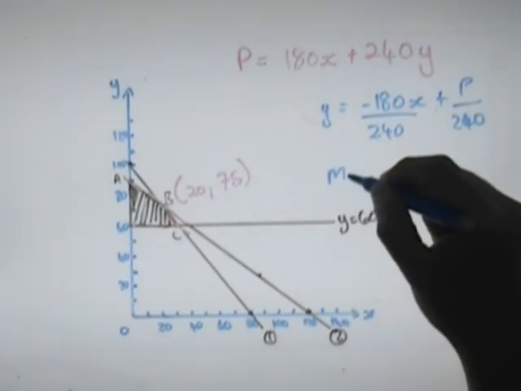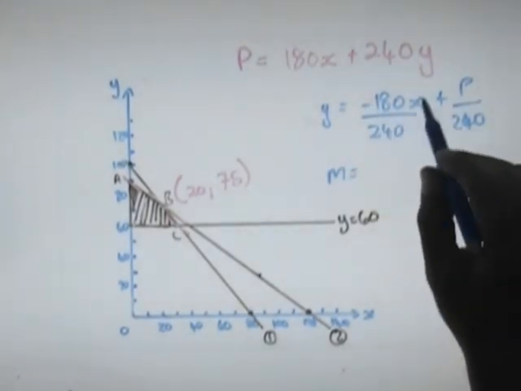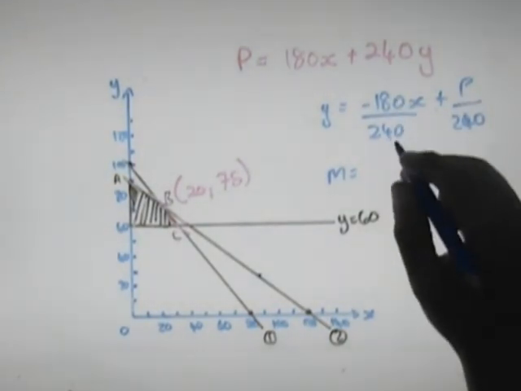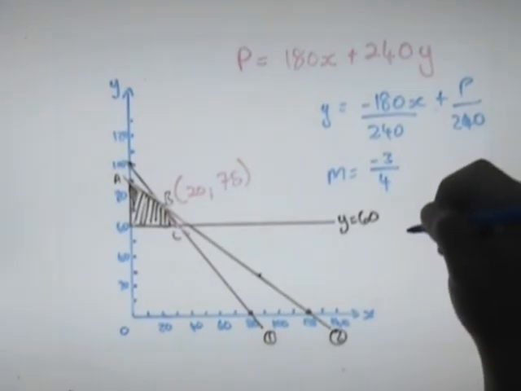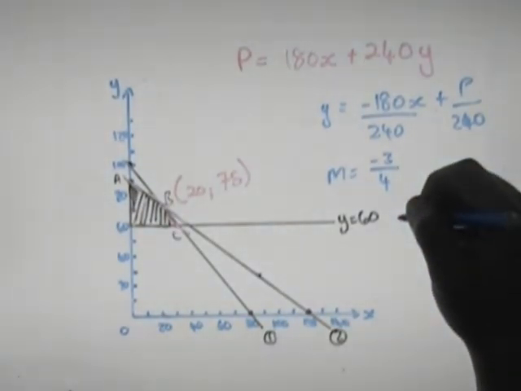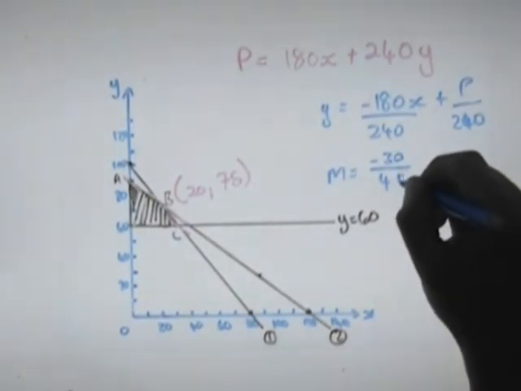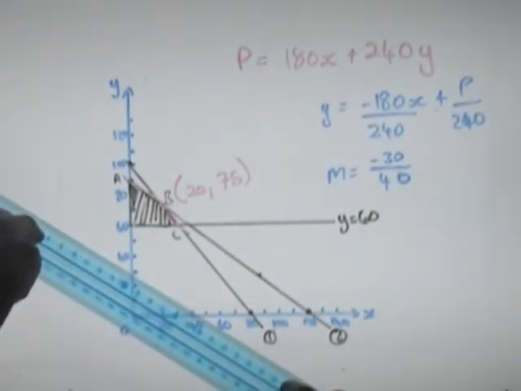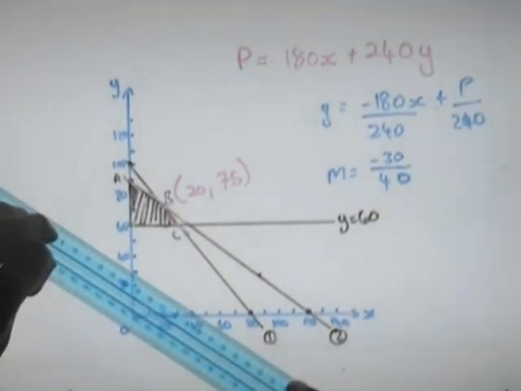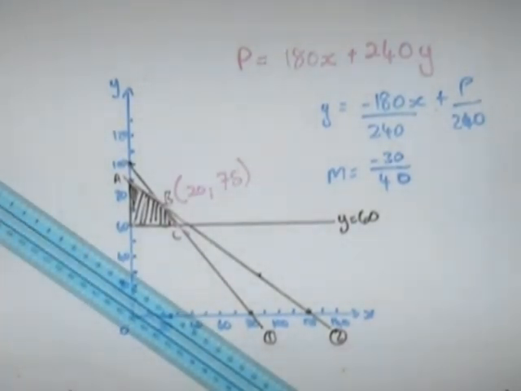That means that our gradient is negative 180 over 240, which is the same as negative 18 over 24, which is the same as negative 3 over 4, or negative 30 over 40. The reason I did that is so that I can get it easily from here. Negative 30 over 40 is given by that.